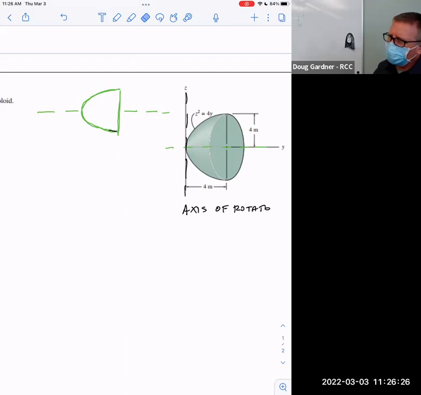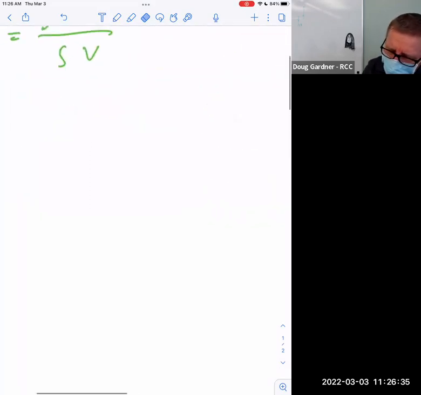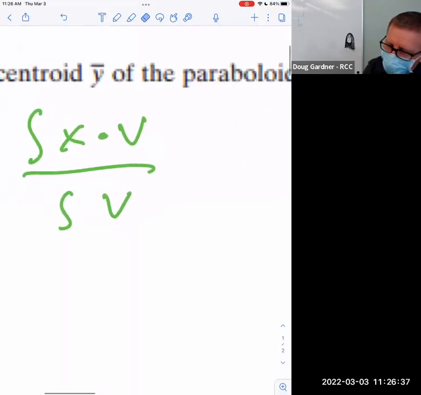But the key is, what is doing the rotating here? Like what is actually rotating? Does it make sense? We're always trying to come up with this distance thing, this X distance.